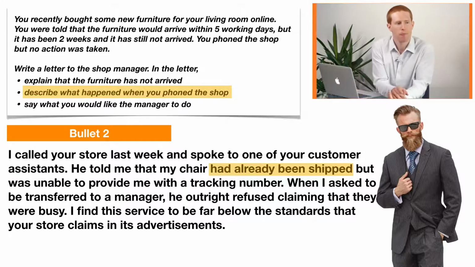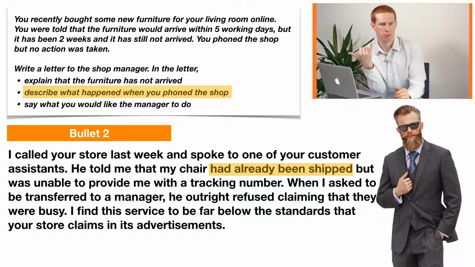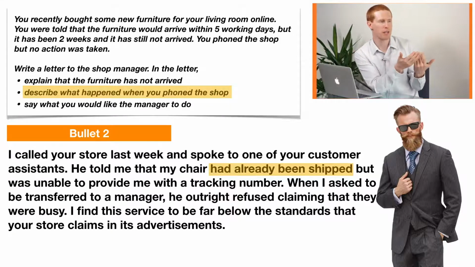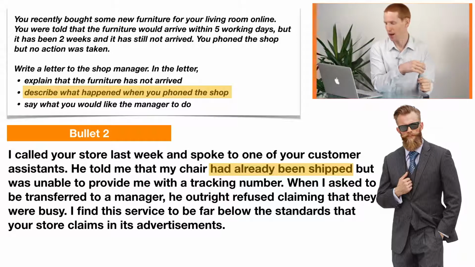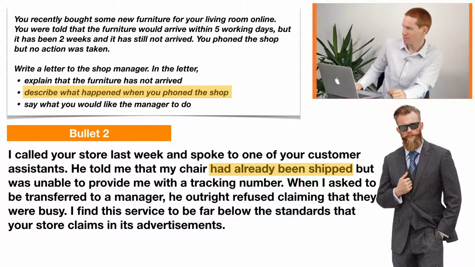Okay, so that's reported speech again, because the customer assistant tells me on the phone, "it has already been shipped." Now I'm reporting what he says, and "has" becomes "had." So I say, he told me that my chair had already been shipped. So again, reported speech is very useful for general task 1.